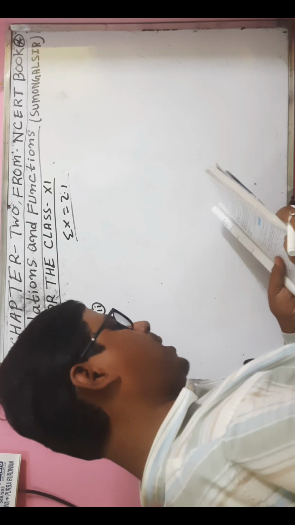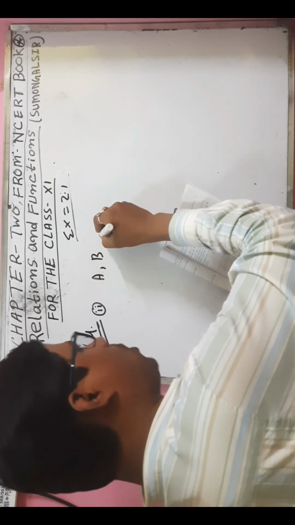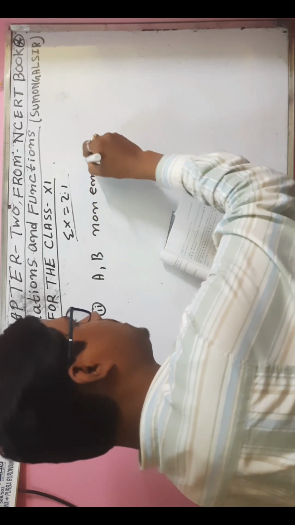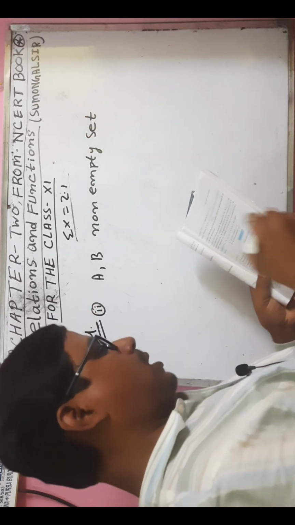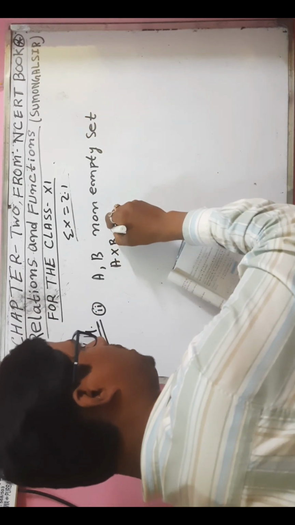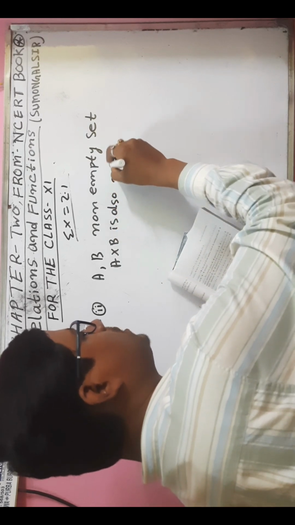If A and B are two non-empty sets, then A cross B is also a non-empty set.